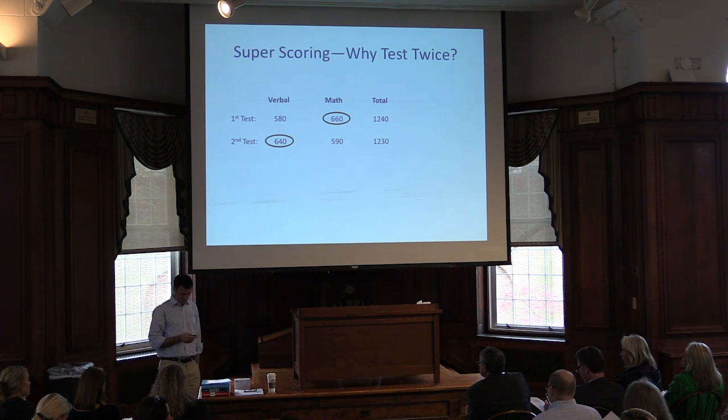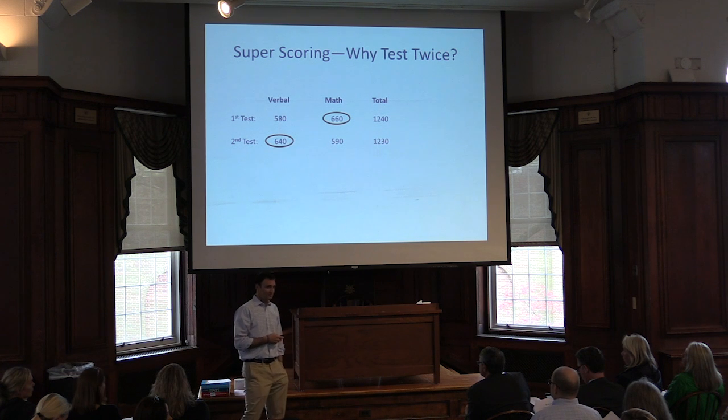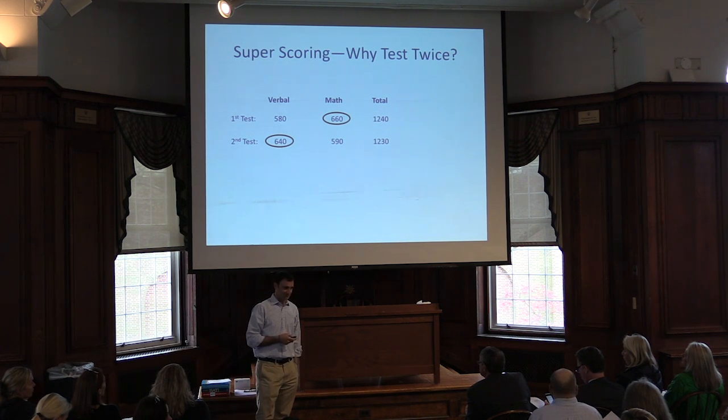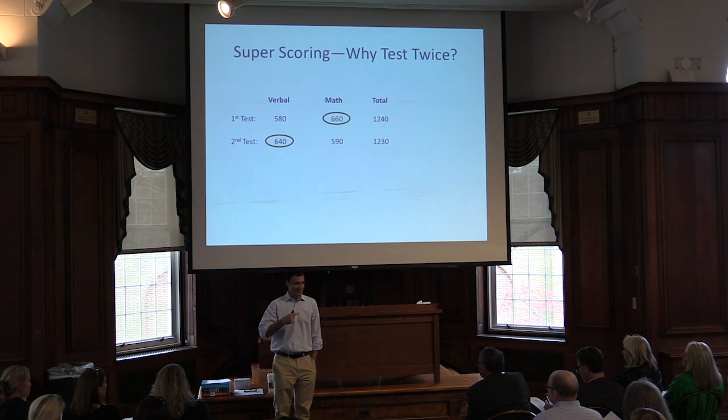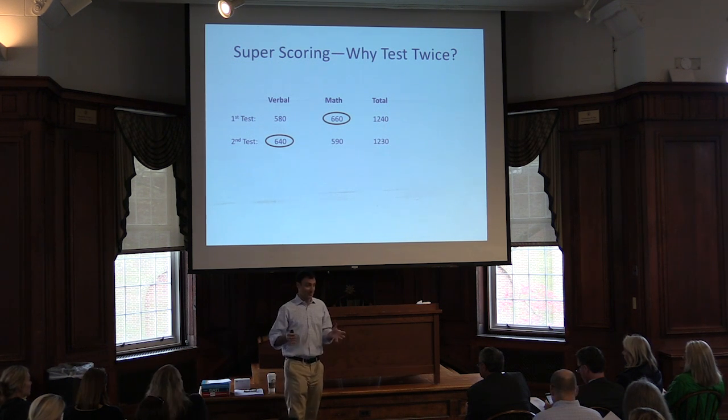Let's say the math was 780 or something. And verbal was, I don't know. 610. Yeah, exactly. Were they able to go in and just take the verbal? No. You can't take these tests a la carte. You have to sit for the whole thing.